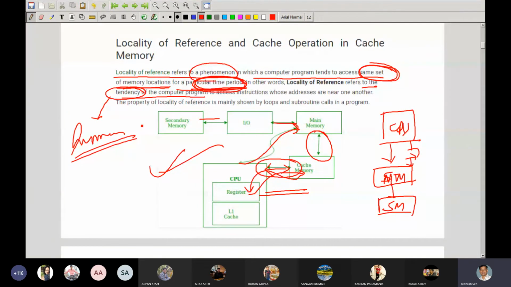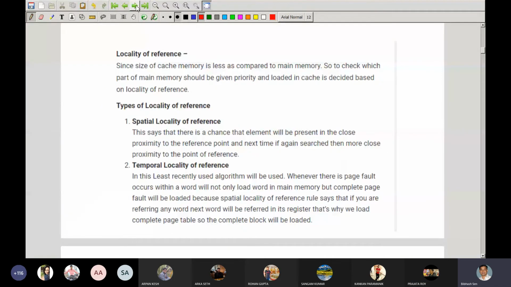The computer program accesses instructions whose addresses are near one another. This property of locality of reference is mainly shown by loops and subroutine calls, and also by individual access of arrays. So we found there is spatial locality and there is temporal locality.